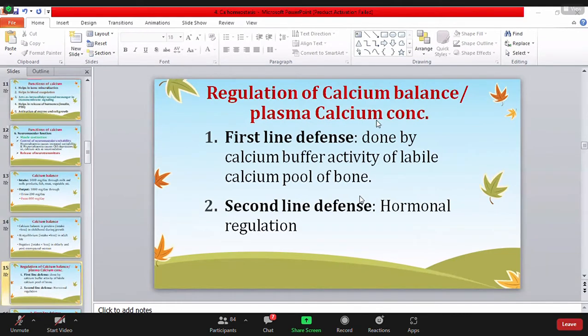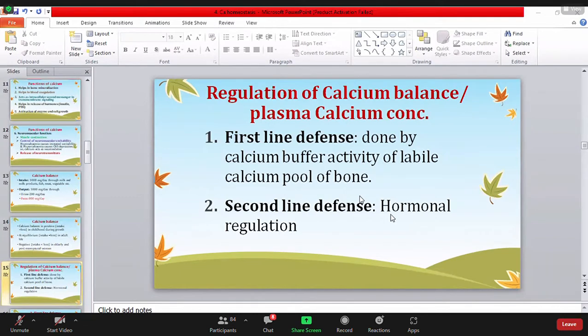Calcium is regulated in our body by two defense mechanisms. One is first line defense, another is second line defense. First line defense is done by the calcium buffer activity of the labile calcium pool of bone. Second line defense is done by hormones.